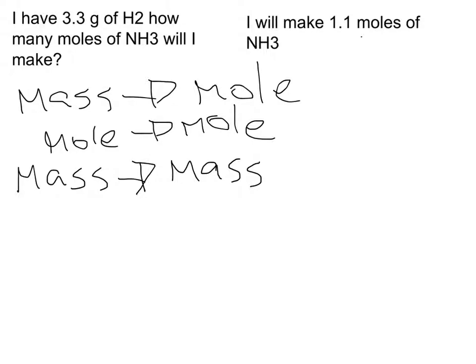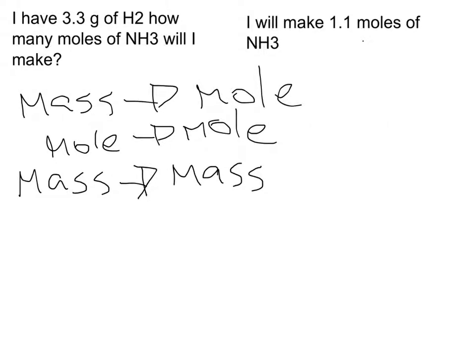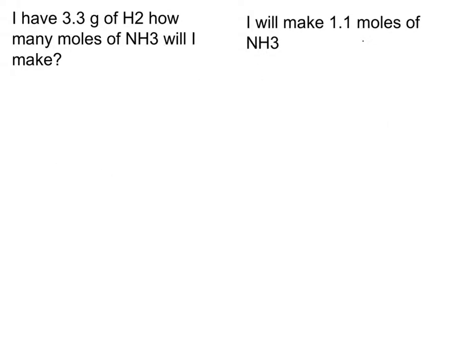We take this here, the 1.1 moles, and then we use our equation, n equals little m over big M, the mass to mole equation, to simply convert that 1.1 moles back to mass. So let's delete all our writing there, and let's start.